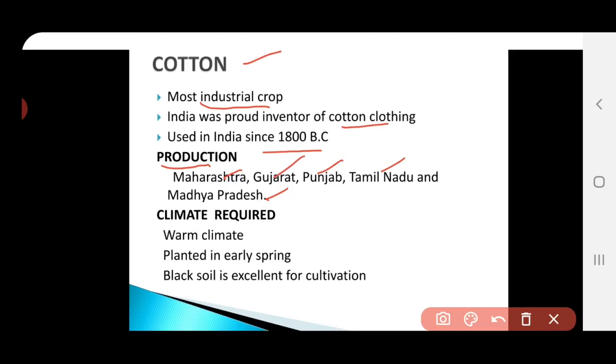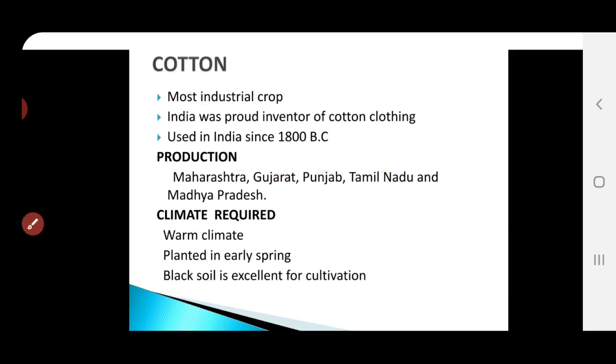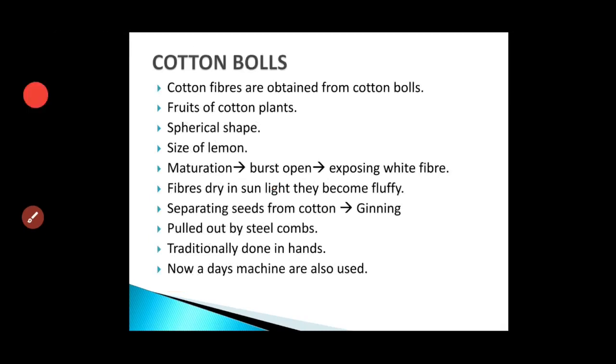So in these states, we are producing cotton. So what is the climate required? It is a warm climate, and the cotton should be planted yearly in the spring season. And what is the soil which is used for cultivation of cotton? Black soil is an excellent soil for the cultivation.